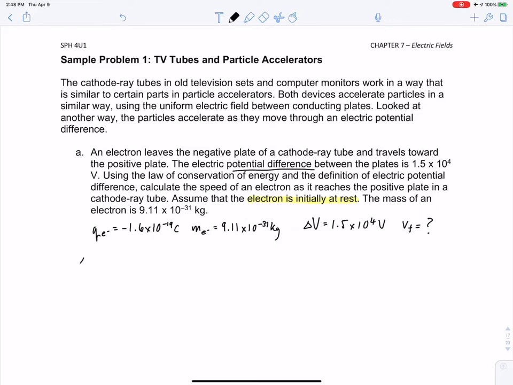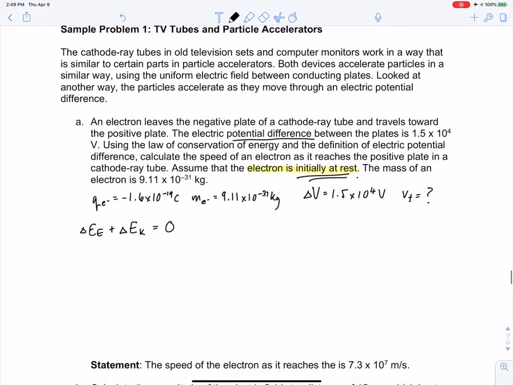So we're going to use the law of conservation of energy, which states that the change in potential energy plus the change in kinetic energy is equal to 0. Since the electron is initially at rest, we know that the change in kinetic energy is going to equal 1/2 m v final squared.